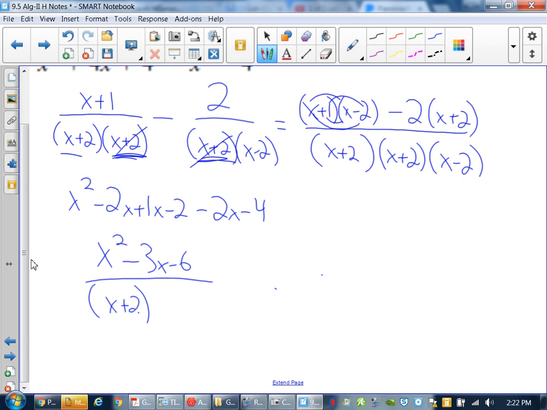And I heard you say this, where you said you can write it as x plus 2 quantity squared. You can do that. Or could you write it as x plus 2, x plus 2? Either one's fine, it doesn't matter. It works the same. And you're done. Because if you go back to that, what times what is negative 6, and you add together to get negative 3?